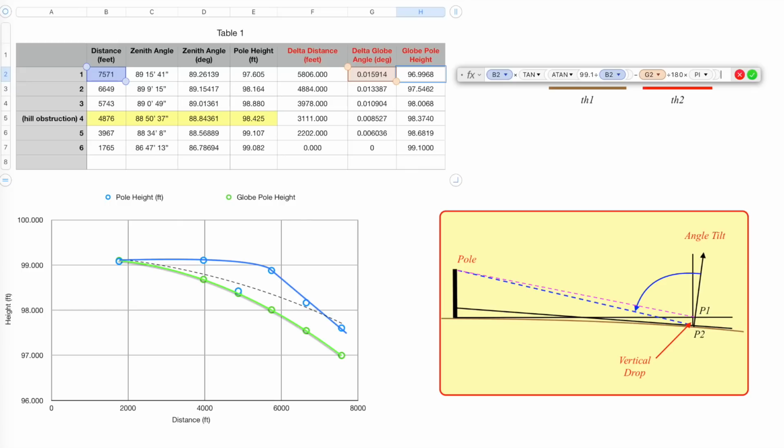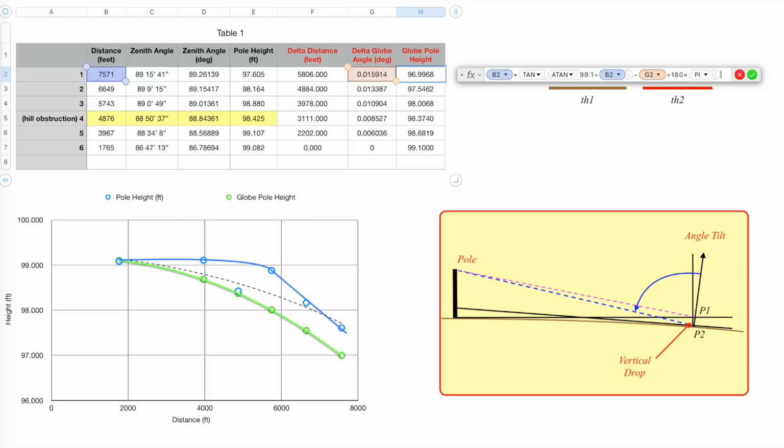But then, because we're on a globe, the vector leans back. There's an angle tilt to it. So the zenith angle increases, thus the elevation angle gets smaller.